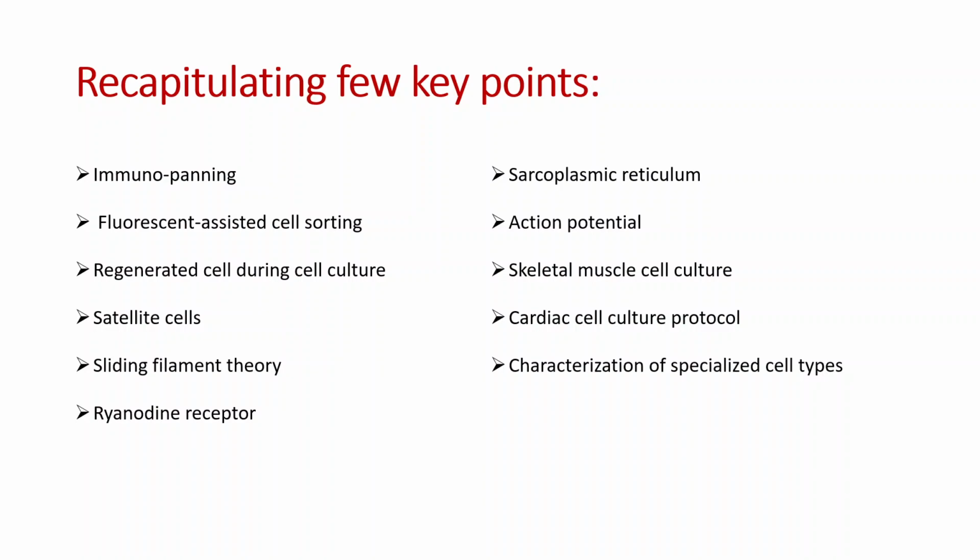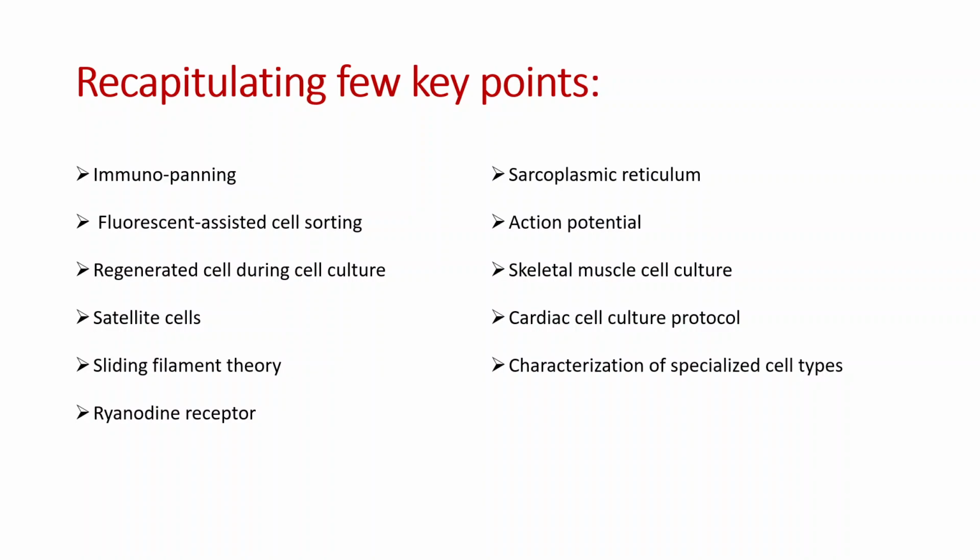One of them was the density gradient centrifugation method. Next was immunopanning, and the last one was fluorescence assisted cell sorting, or FACS. We have discussed what density gradient centrifugation is and how it is done. Now in this lecture, in our upcoming slides, we will discuss the methods immunopanning and fluorescence assisted cell sorting.